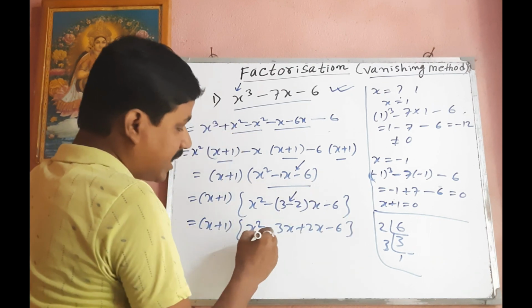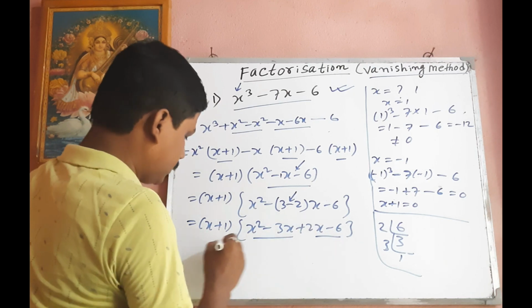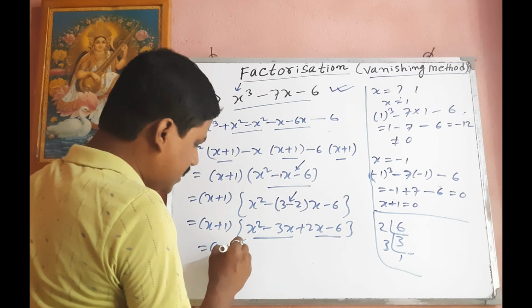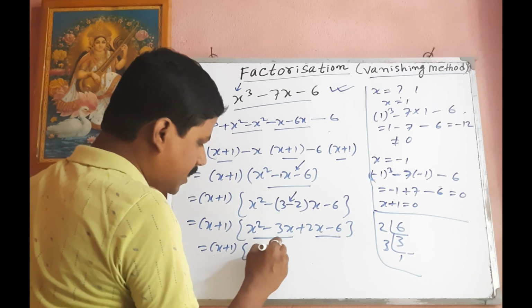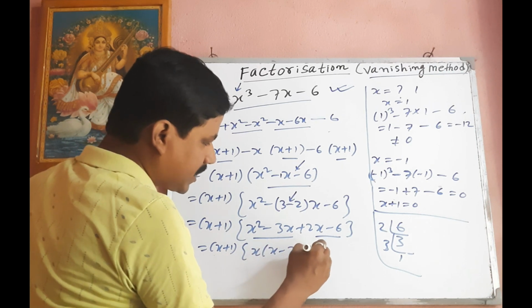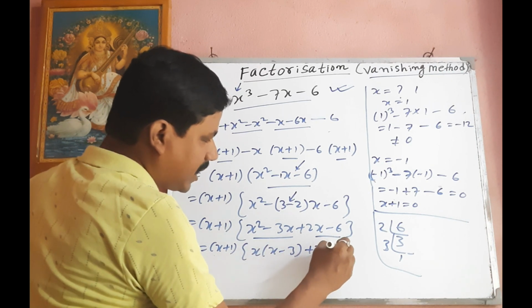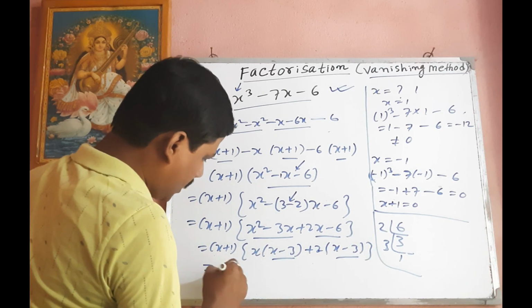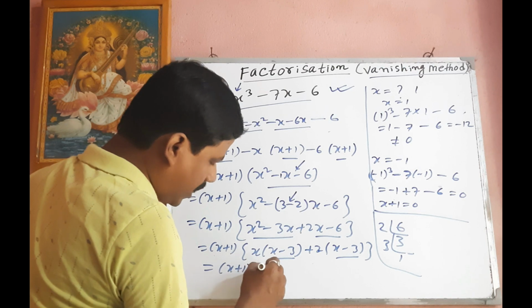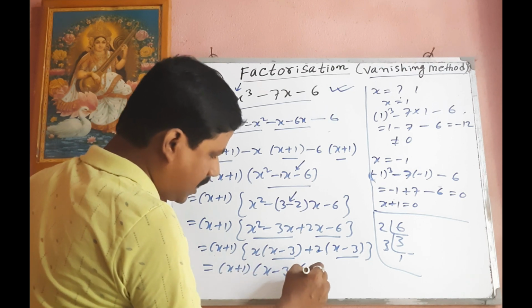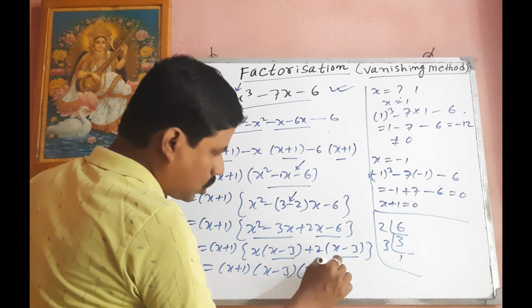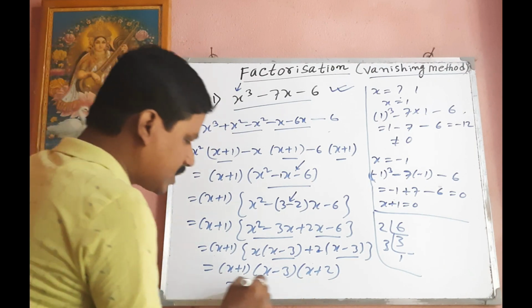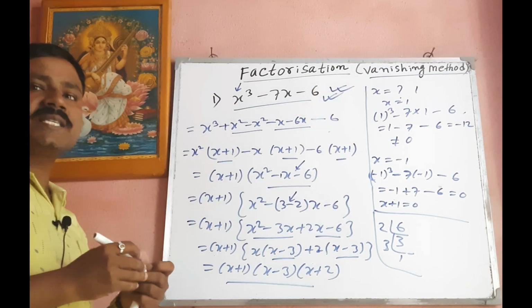Taking common, x plus 1 is common, x minus 3 is common, and the remaining is x plus 2. So this is the complete factorization of the given example.